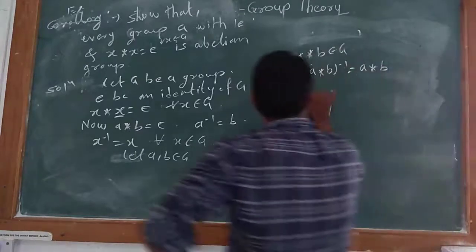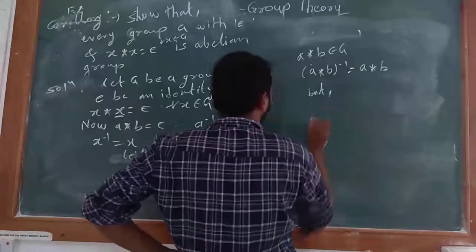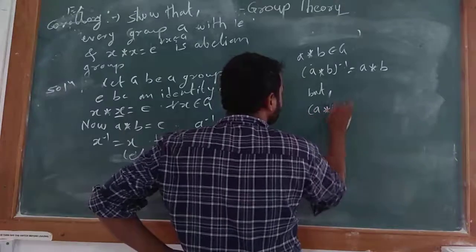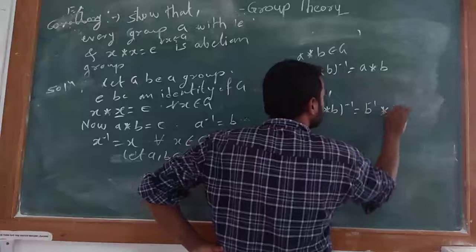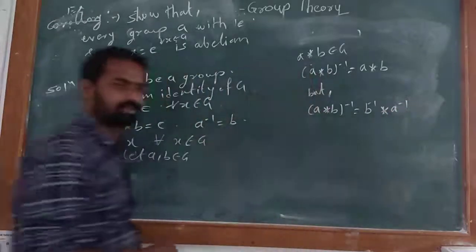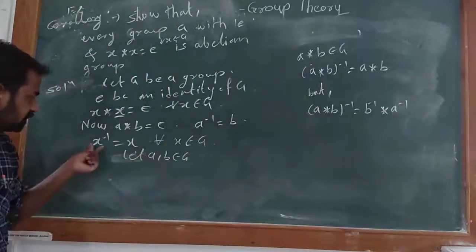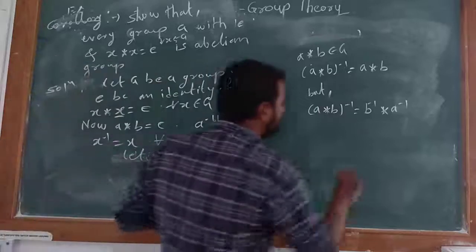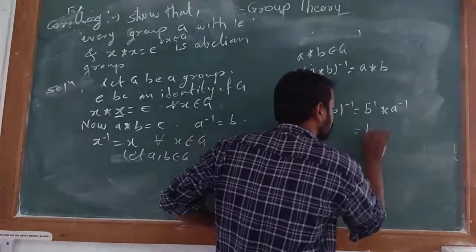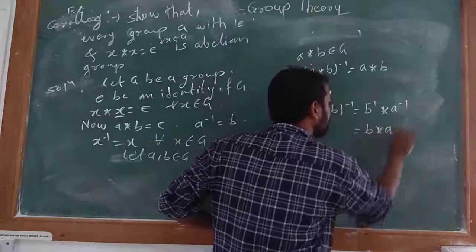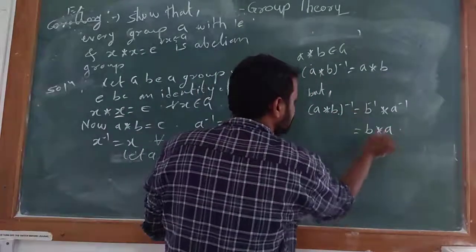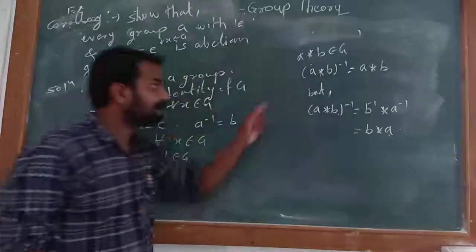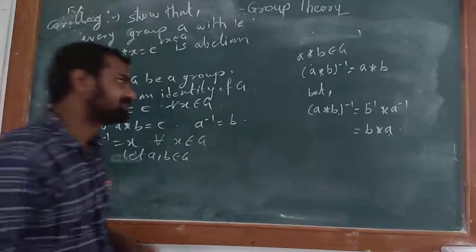But by previous theorem or corollary, A star B inverse is equal to B inverse star A inverse. Here B belongs to G, therefore B satisfies this property. We are getting B inverse is equal to B and A inverse is equal to A. Therefore, A star B inverse is equal to B star A. Here LHS is equal, so RHS is also equal.